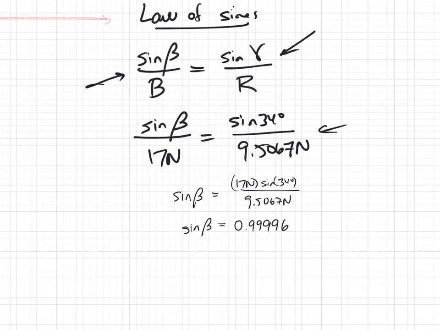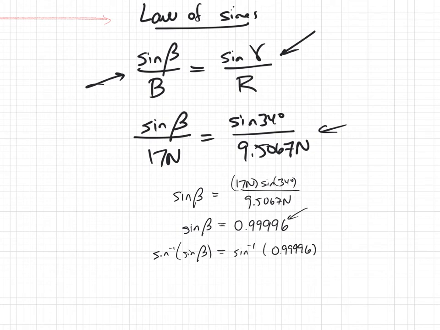So in order to get beta by itself, we need to take the inverse sine of both sides. That's how you get rid of the sine. So we get the inverse sine of 0.99996.